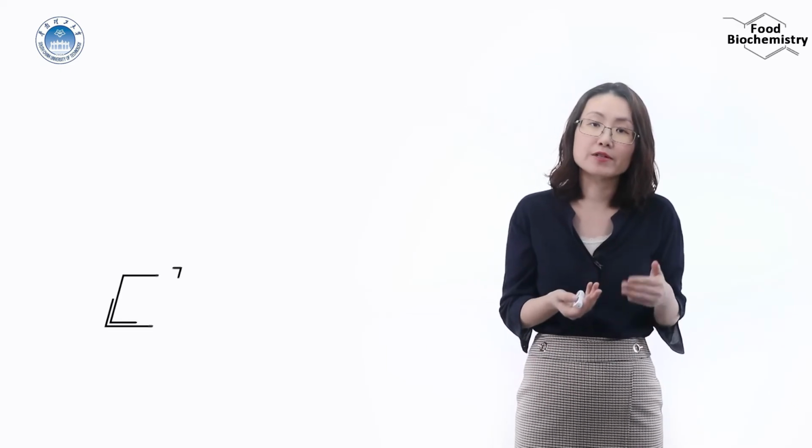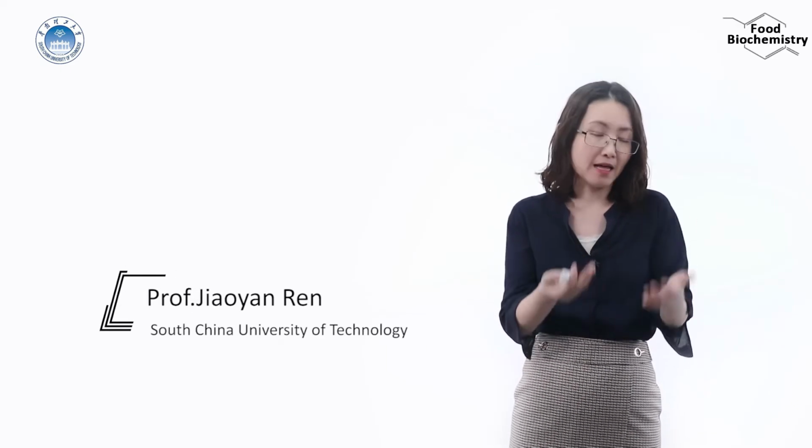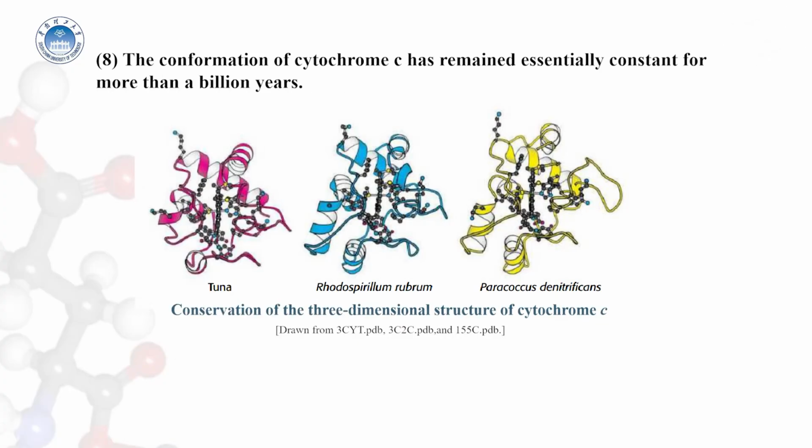Cytochrome c is present in organisms having mitochondrial respiratory chains, like plants, animals, and eukaryotic microorganisms. This electron carrier evolved more than 1.5 billion years ago, before the divergence of plants and animals. Its function has been conserved throughout this period.